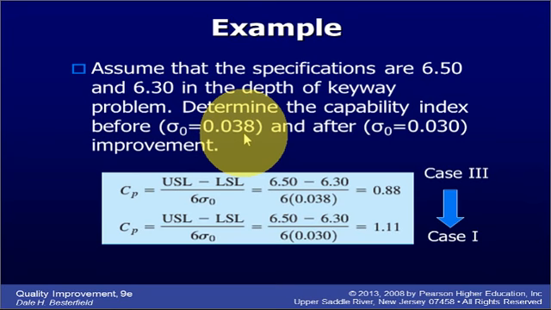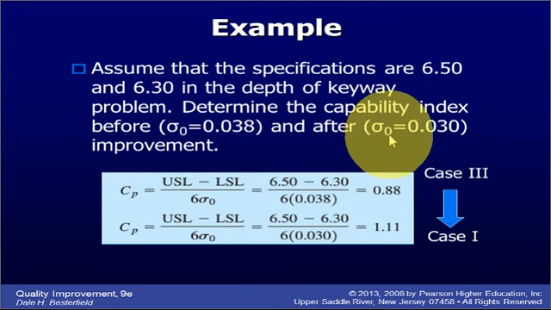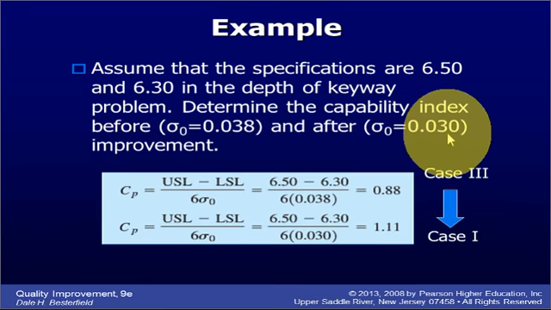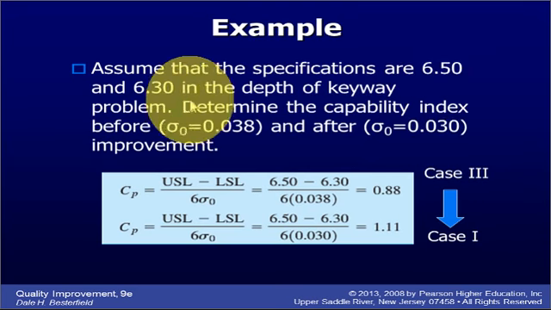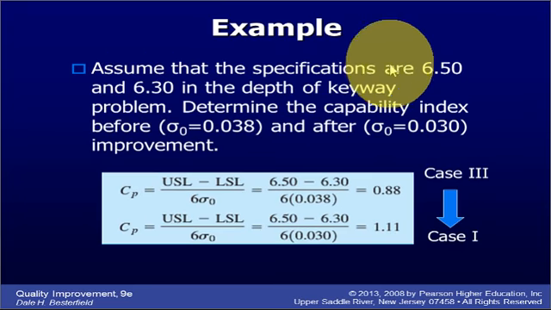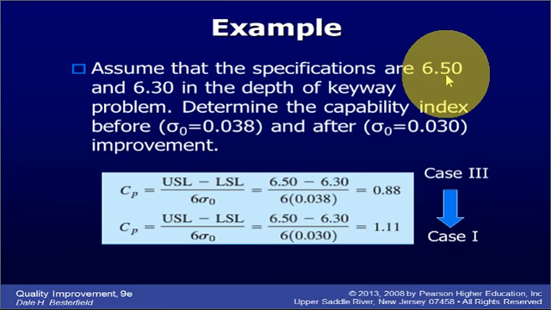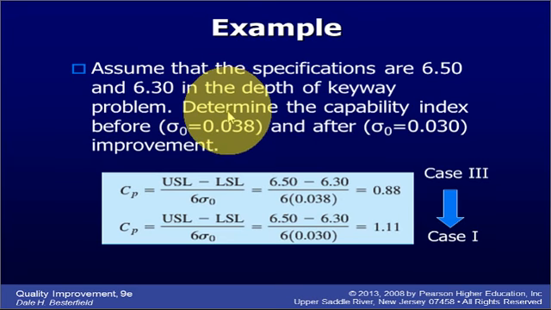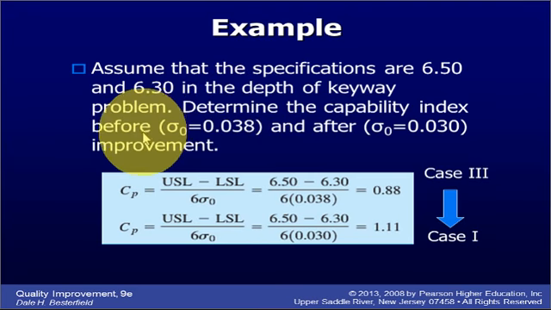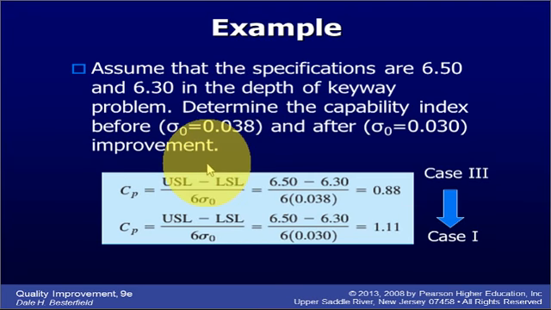So in July, this process capability has improved, so the sigma 0 is decreased to 0.030. And now assume that the specifications are 6.50 and 6.30, so this is the upper specification limit and the lower specification limit. And then I want you to determine the capacity index, the Cp value, before and after the improvement.